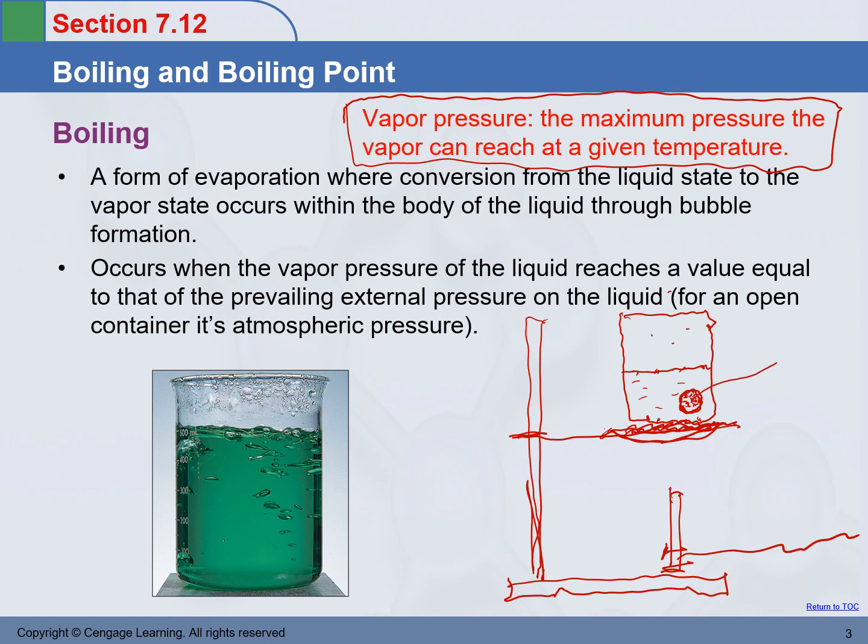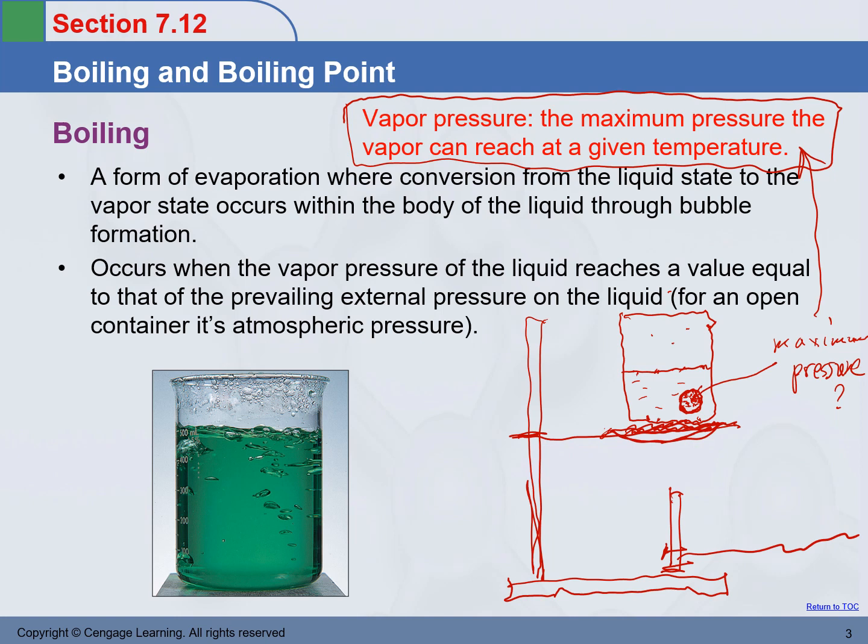Now let me ask you a question. Inside this bubble, what is the maximum pressure this bubble can have? Well, the maximum pressure will be the vapor pressure of water under room temperature.